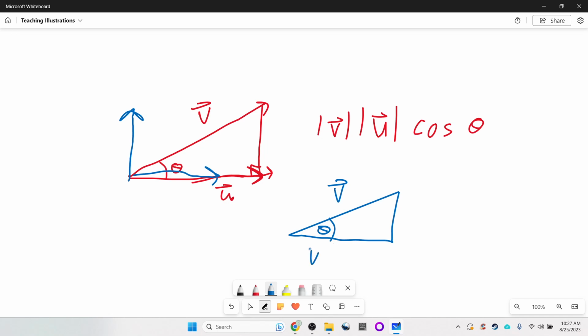This is length of v cosine theta, and this part would be length of v sine theta. Because cosine is adjacent over hypotenuse, the part here that's horizontal is adjacent to the angle, so we use cosine for it. So this is our geometric definition here.